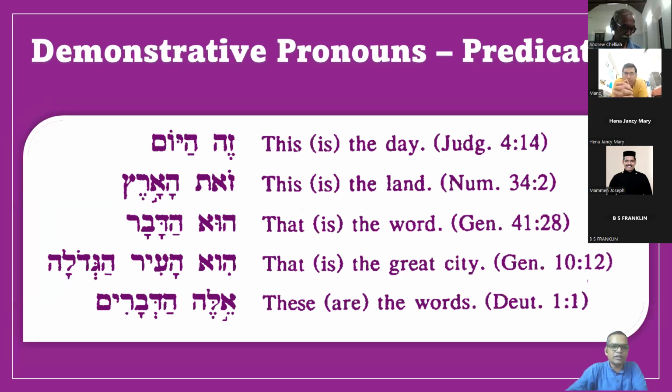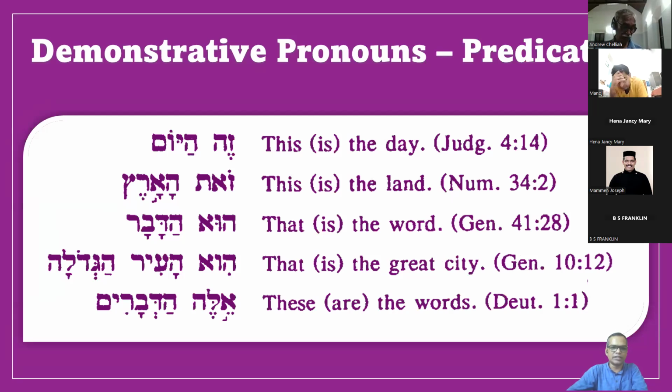Now coming to the predicative usage of demonstrative pronouns. The same rules of adjectives. Ze hayom. Ze is the demonstrative pronoun which is appearing before the noun.